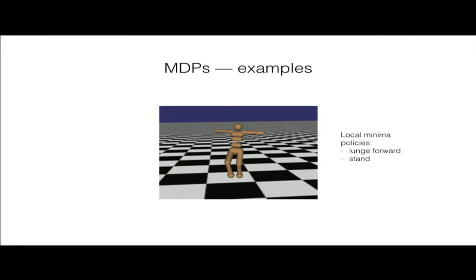As you're tuning these coefficients, you would find that you often get stuck in one of these two local minima, where either you're lunging forward as fast as possible and then falling over and giving up on trying to stay balanced, or you're just standing still and not bothering to move forward. And you're likely to see those also if your hyperparameters aren't exactly right.